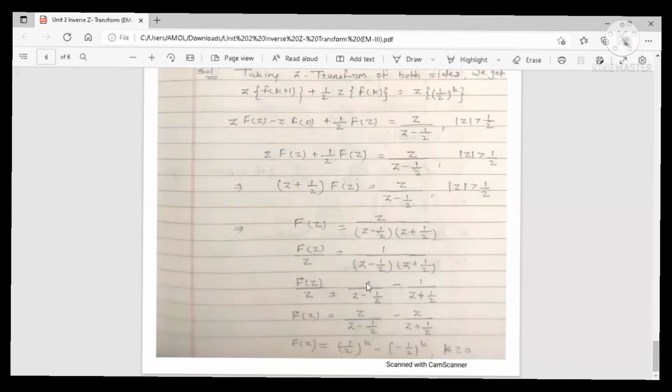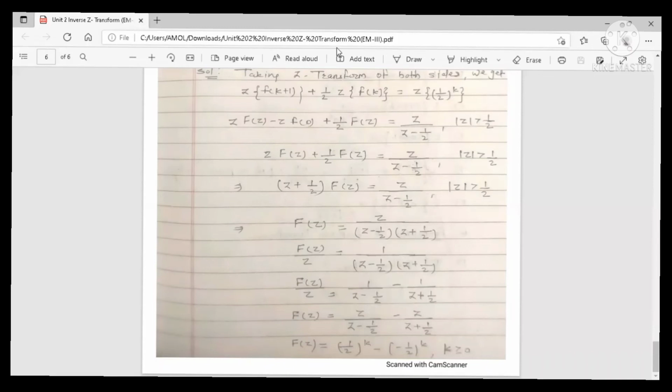The separated terms are 1 upon Z minus half minus 1 upon Z plus half. After doing the partial fraction, you again shift the Z to the RHS, so that f of Z is equal to Z upon Z minus half minus Z upon Z plus half.